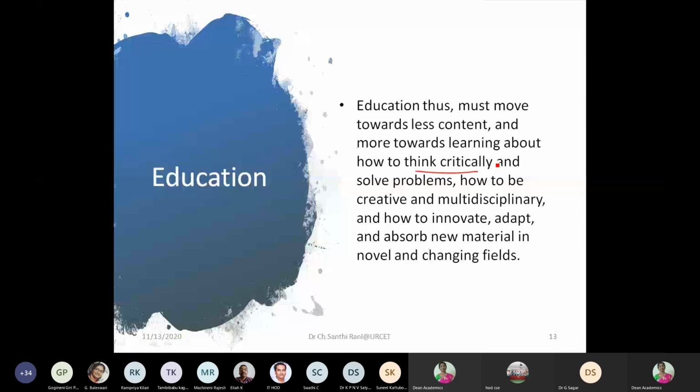Thinking critically and solving problems will be given highest priority. How to be creative and how to study these multidisciplinary subjects, right? So these are the main aims for this new challenging education. This NEP is really a challenging one, not only for an individual as a citizen of our country, but for the whole nation, I can say.